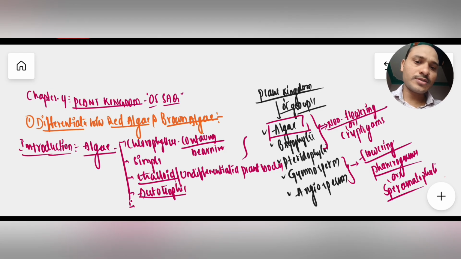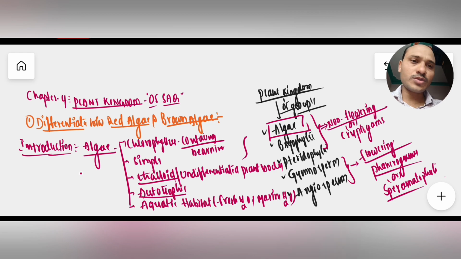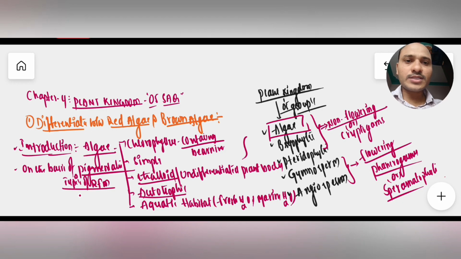One more very important point: algae are mostly of aquatic habitat, both freshwater and marine water. On the basis of pigmentation and types of reserve food material, algae are classified into 3 classes.